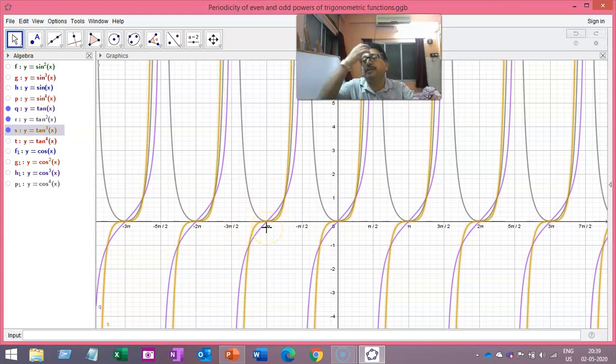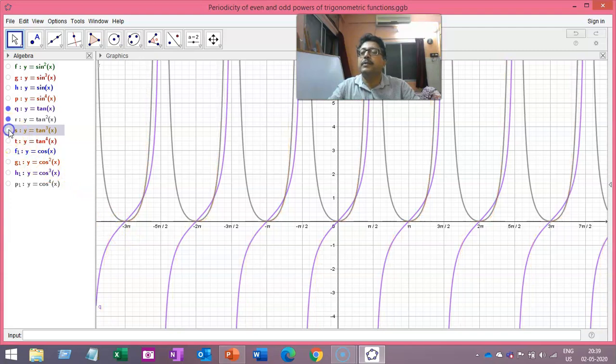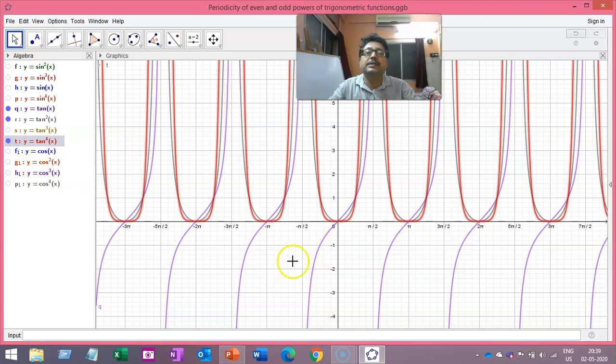It has same period as that of tan x. Now keep tan x, tan square x and tan to the power 4x. They all have the same period, the length of the period equal to pi in this case. And I am keeping these three for your practice: cos x, cos square x, cos cube x. When index is even, it is going to be halved, but if it is odd, then it will remain the same.